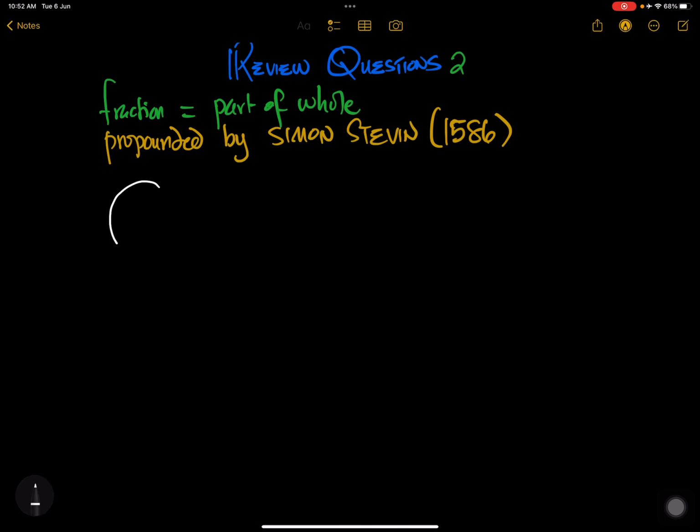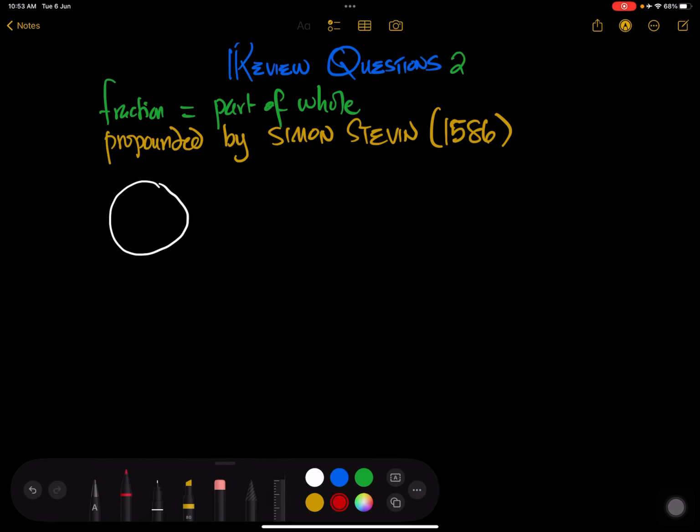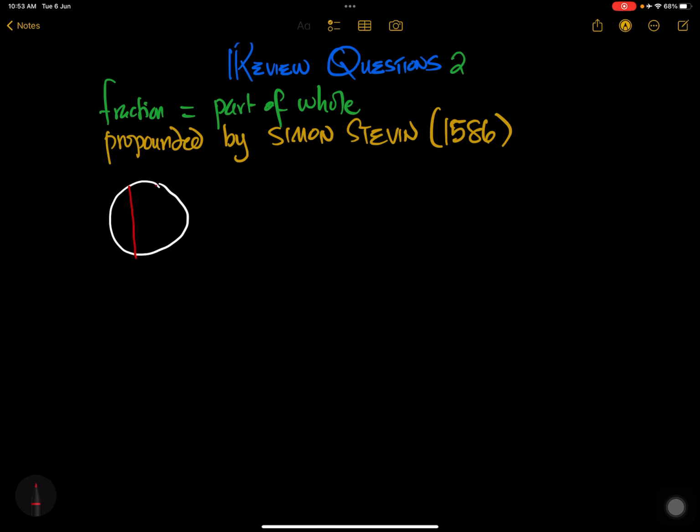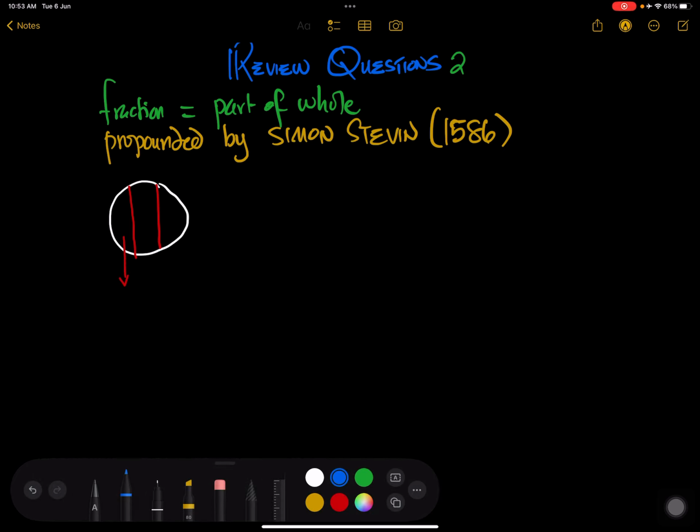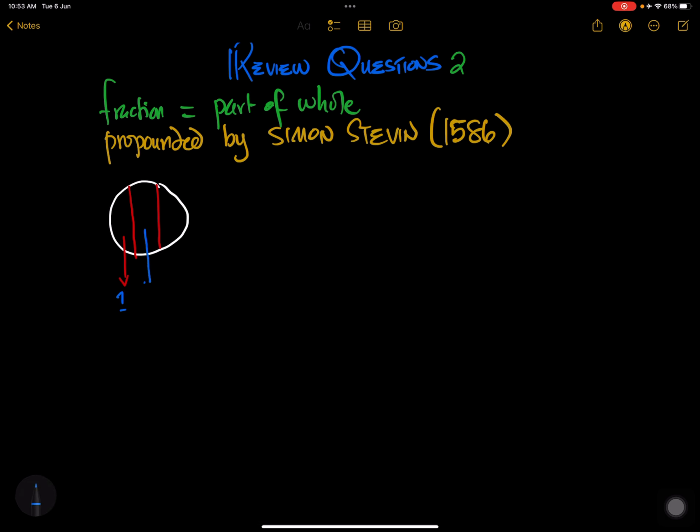So I'm going to draw a couple. Imagine this whole thing. It's a round object, but it's been sliced into three parts. So this side here is one, that side here is two, and that side here is three.